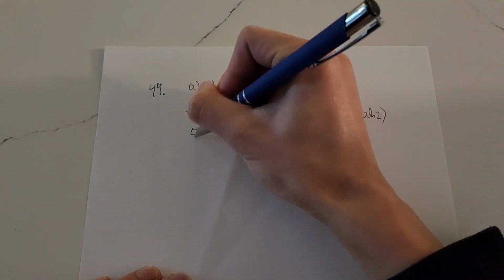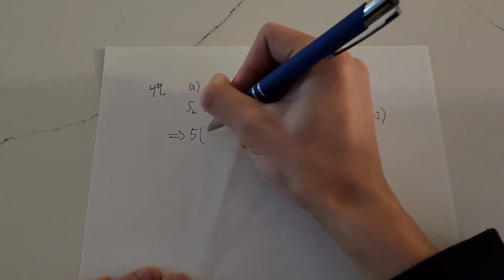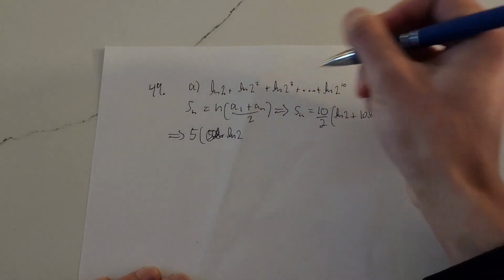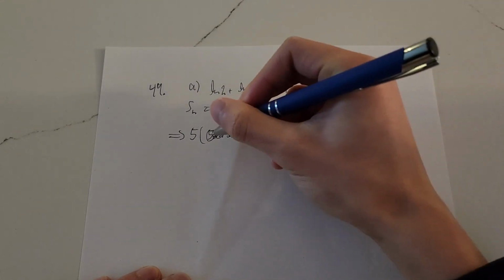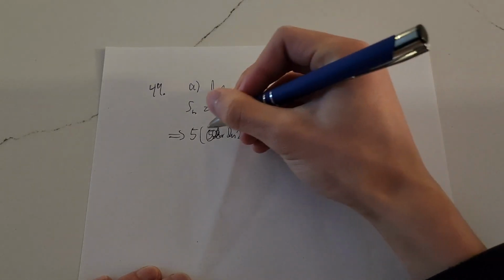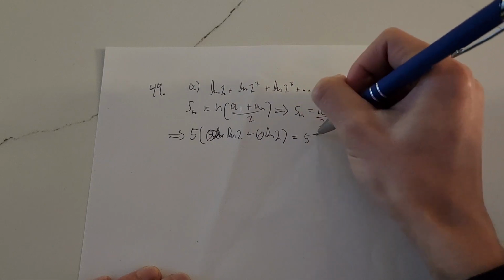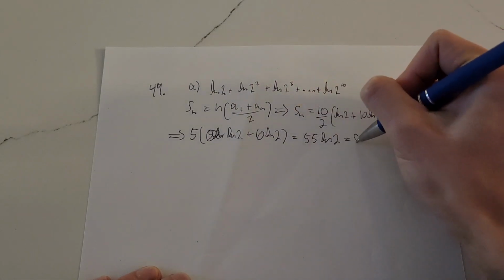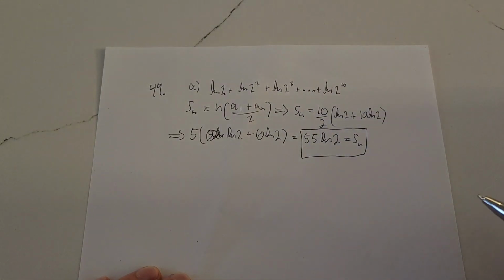So that's going to equal 5 times ln2 plus 10 ln2. And now distributing it, we simply get 5 and then 50. 50 plus 5 is 55. Therefore, this is what our answer will be. That's equal to S sub n, which is equal to the sum of part A for number 49.